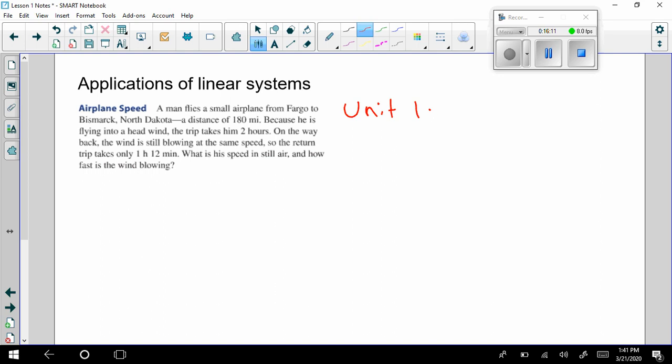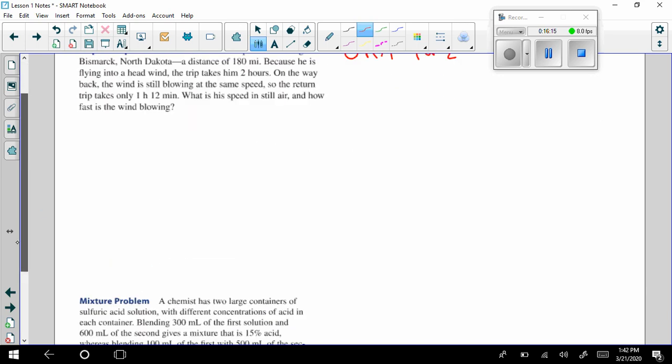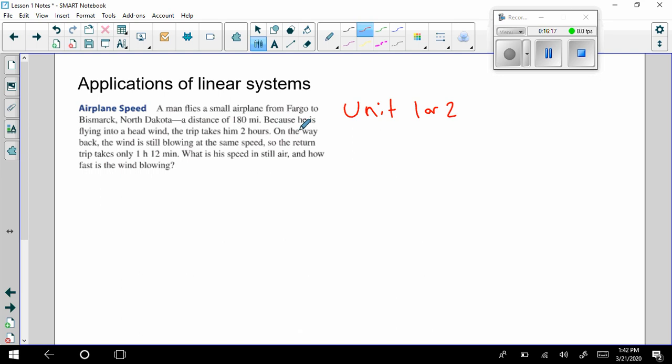Or 2. I can't honestly remember where we did these mixture problems, but we're going to use 2 equations for this. So we have rate, time, and distance for this one because we're talking about a speed from Fargo to Bismarck.